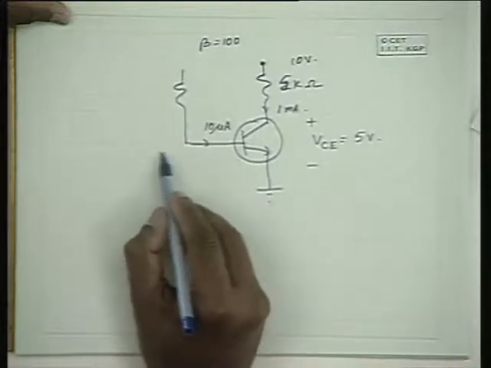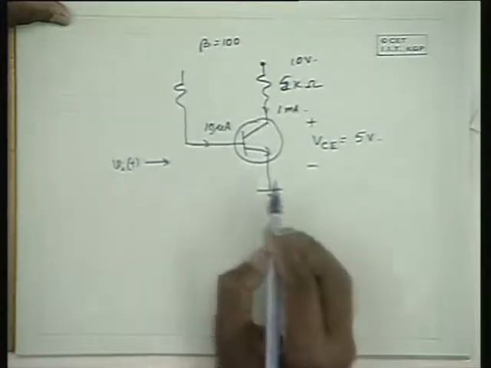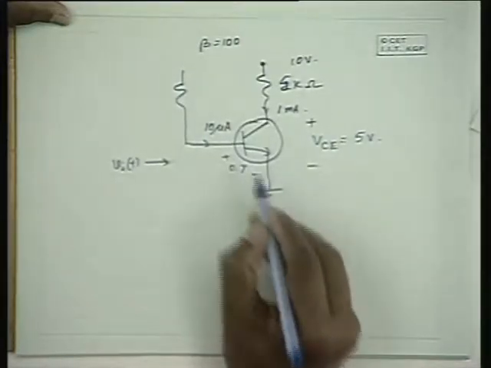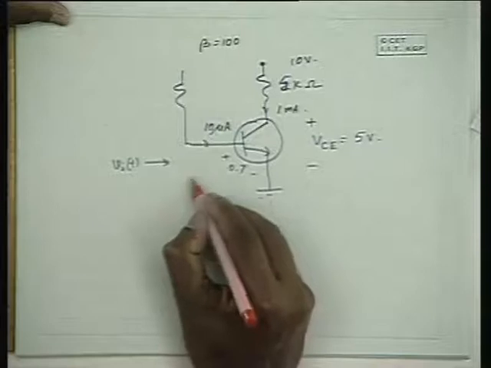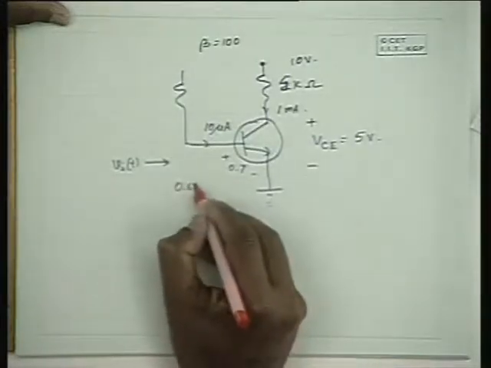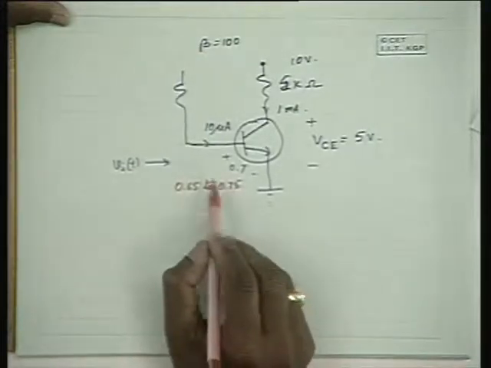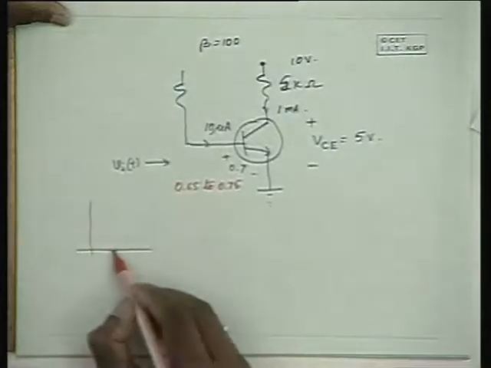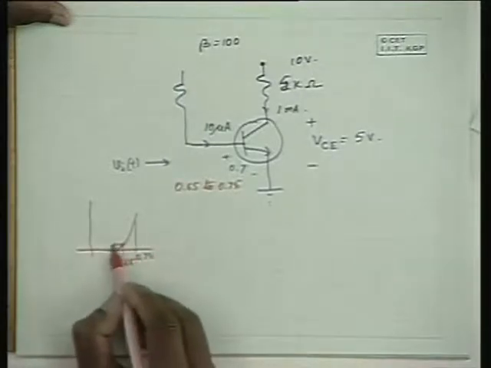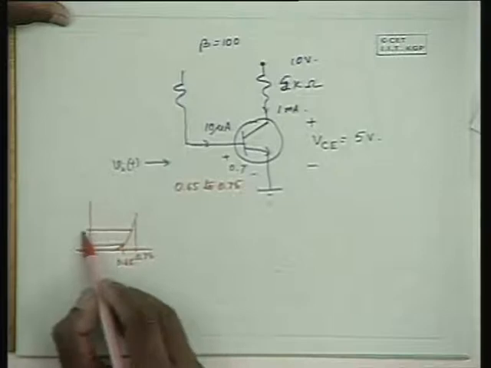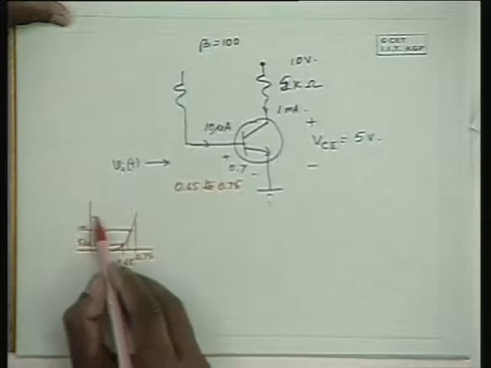Now I introduce an alternating signal here, VIT. Under biasing conditions, this is 0.7. Now with the alternating signal added, the base to emitter voltage will vary between 0.65 and 0.75 volts, and because of that the base current varies naturally around 10 microamperes, say 5 microamperes to 15 microamperes.